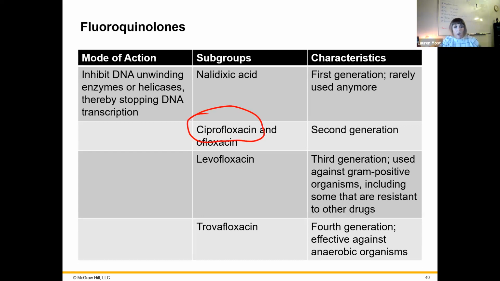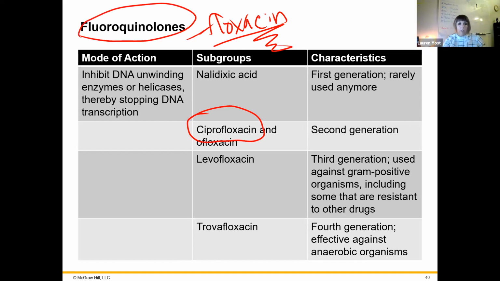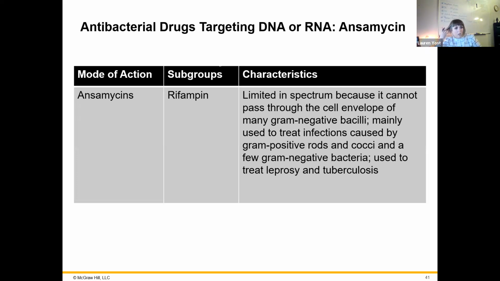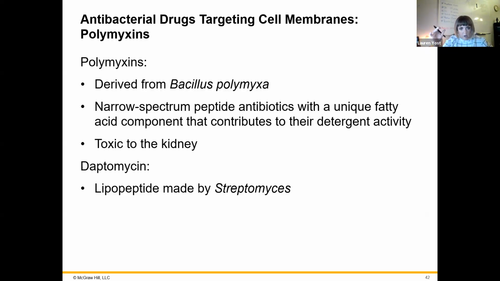But anyways, anything floxacin, that's a fluoroquinolone. Just think of it that way. And then rifampin is another one that falls under the category of ansamycin, associated with DNA and RNA inhibition, but I'm not too concerned about that.